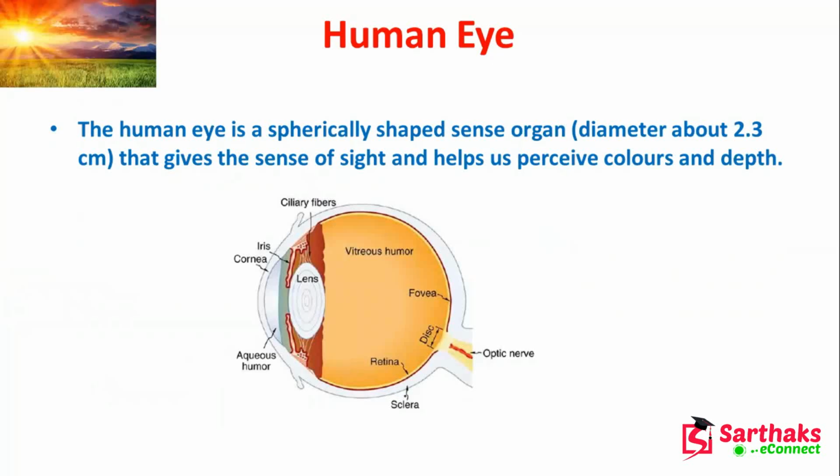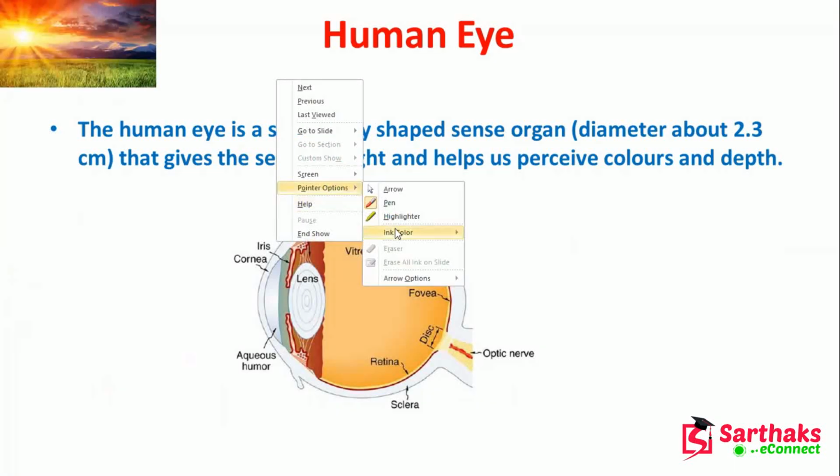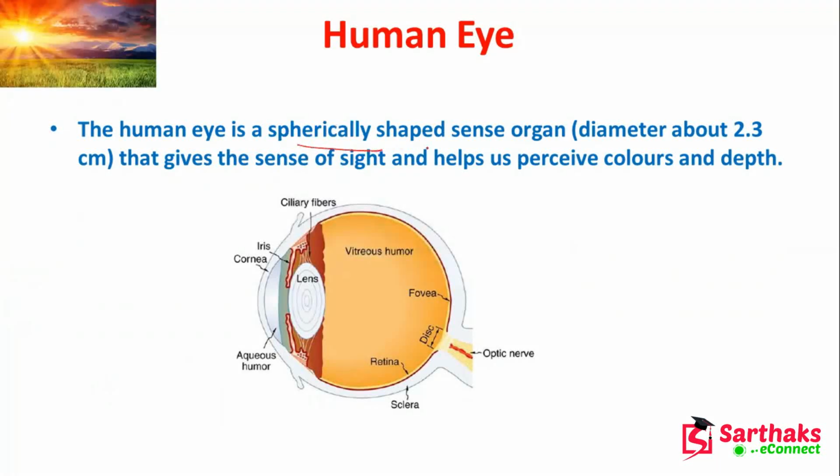This is a very important part. The human eye is a spherically shaped sense organ with a diameter of about 2.3 centimeters. It gives the sense of sight and helps us perceive colors and depth.